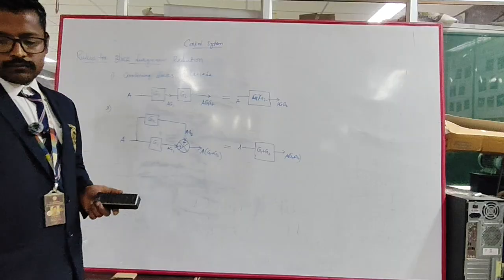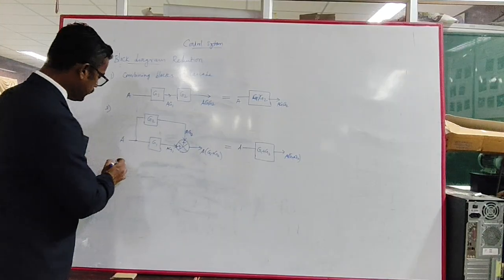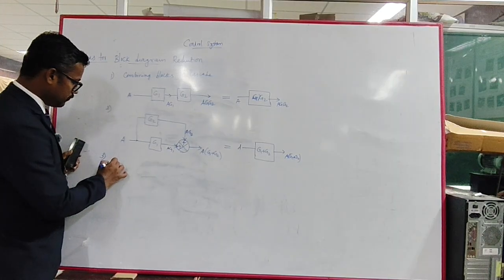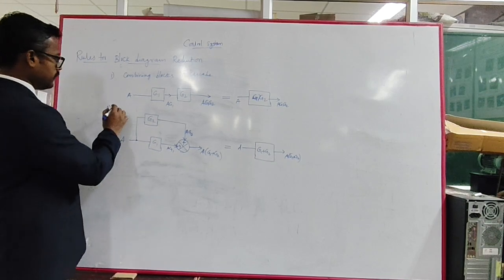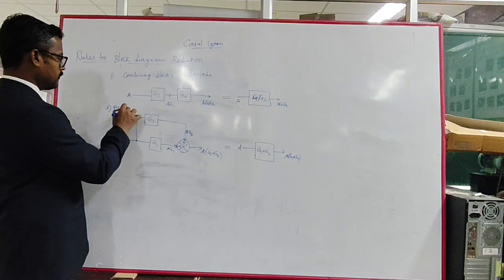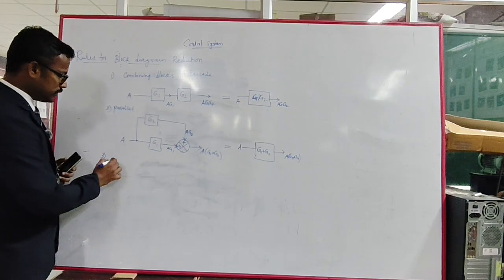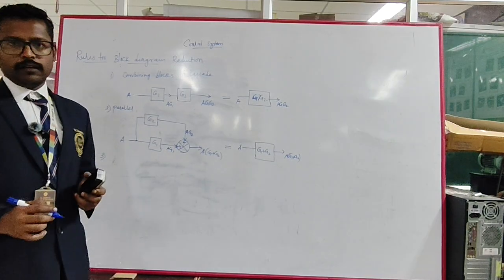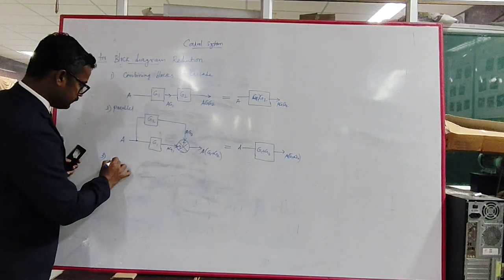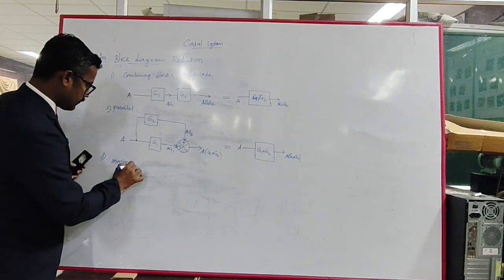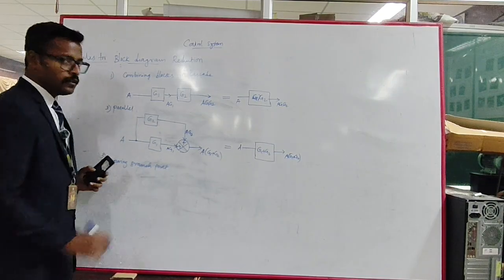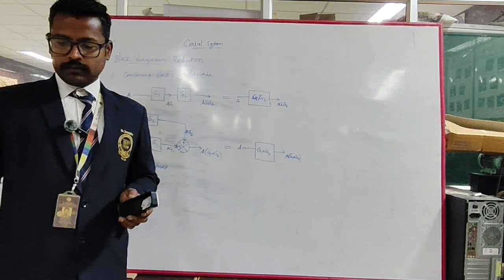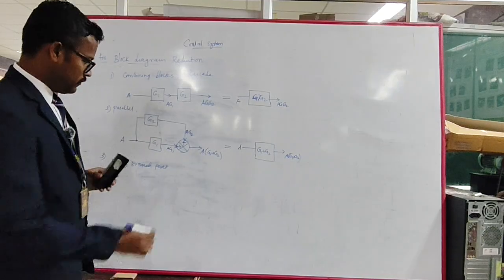And the third one is moving the branch point. Moving a branch point ahead of the block.